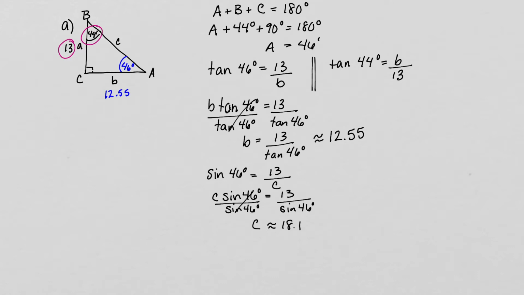Now I'm going to double check myself just to make sure. Yeah, so 18.1 if you round to the nearest tenth, right? And Alex tells you what you need to round to. In terms of the test, I'm pretty flexible. If you round to the nearest tenth or nearest hundredth, either one I'm okay with.